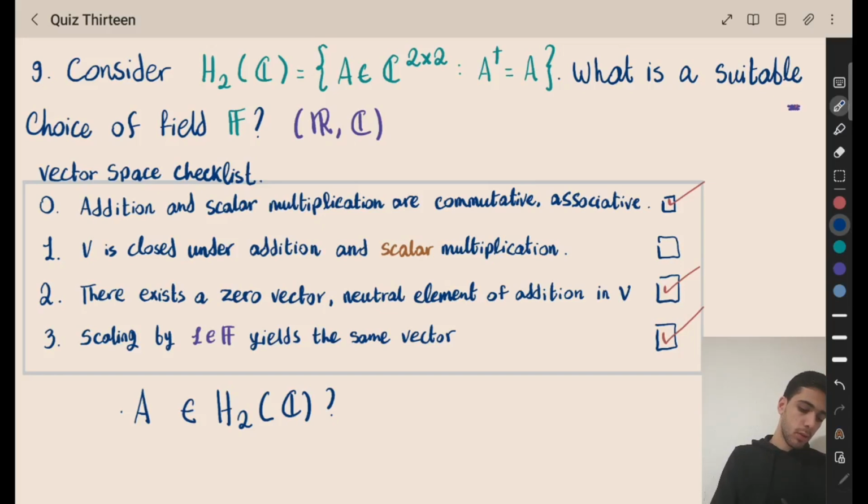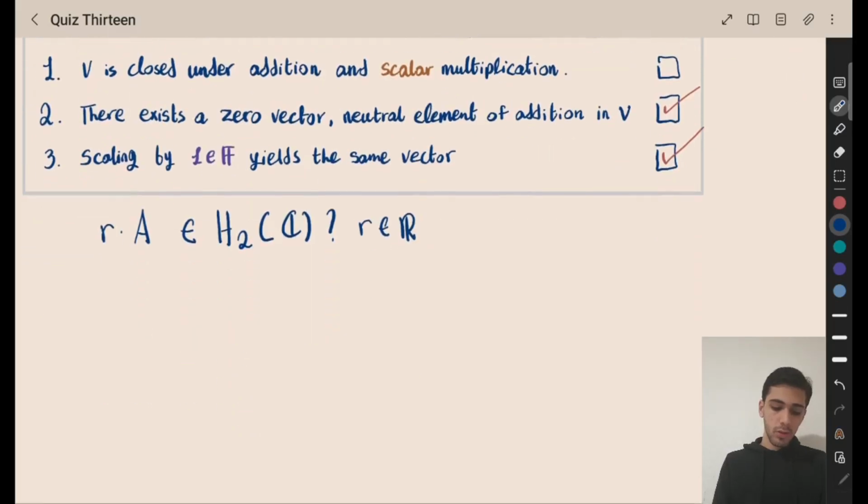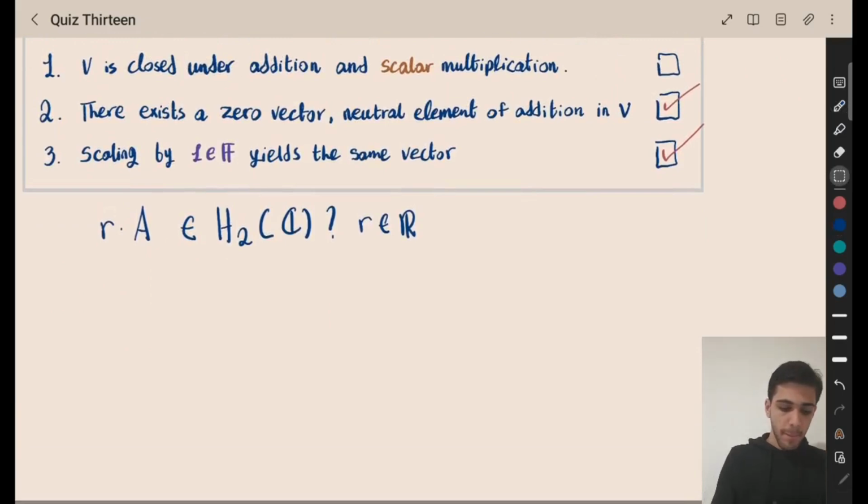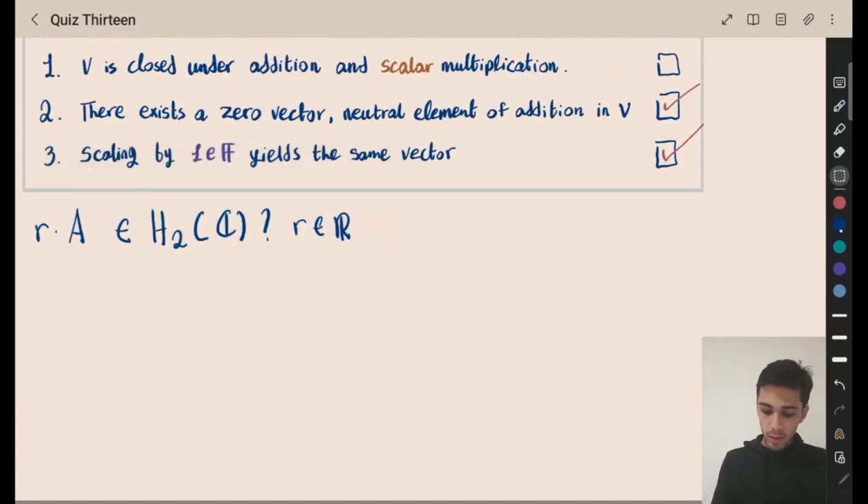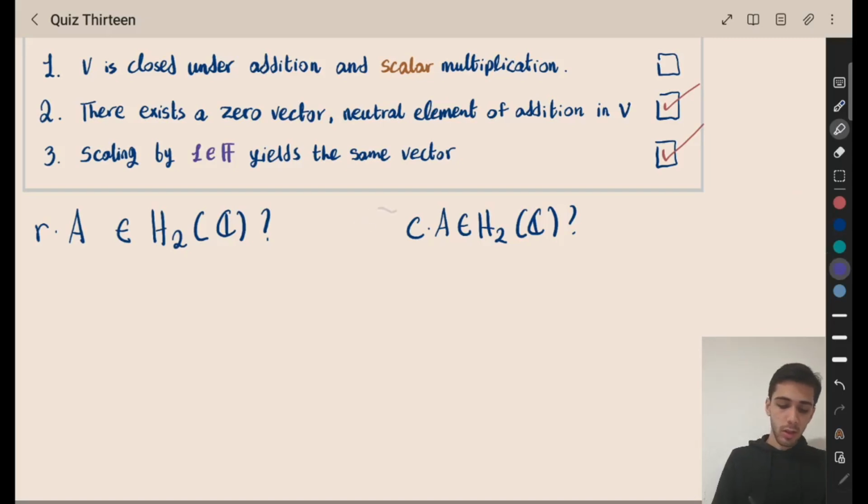Let's take r to denote that r will be real. So r is in R. And let's consider the other case of the complex numbers. So I scale my matrix by a real coefficient once, and the other time I scale by a complex one, and I see what happens.